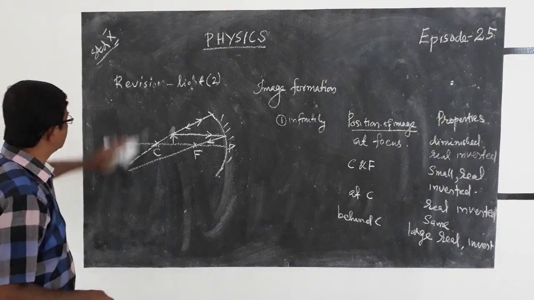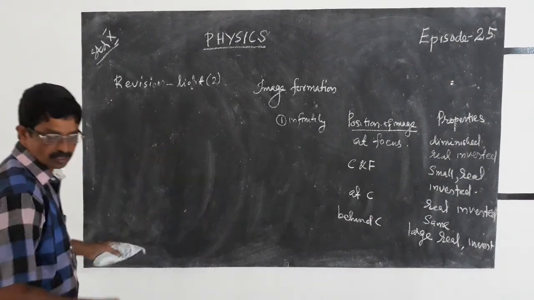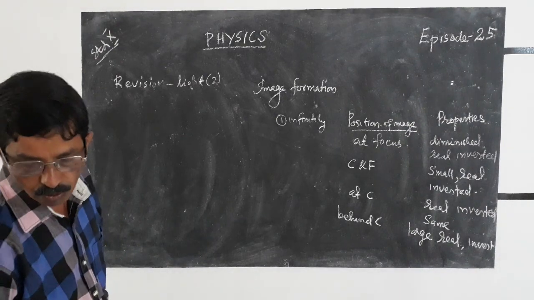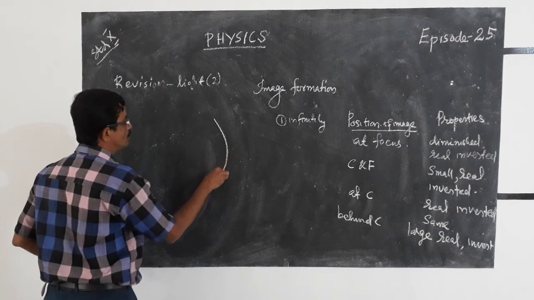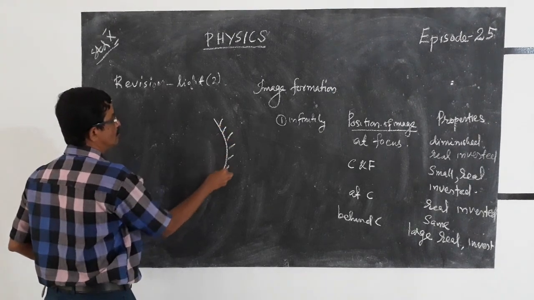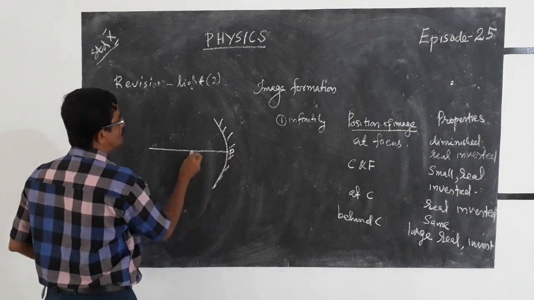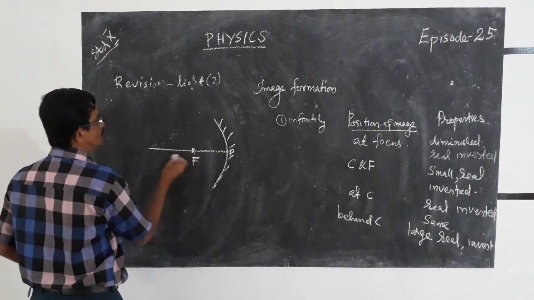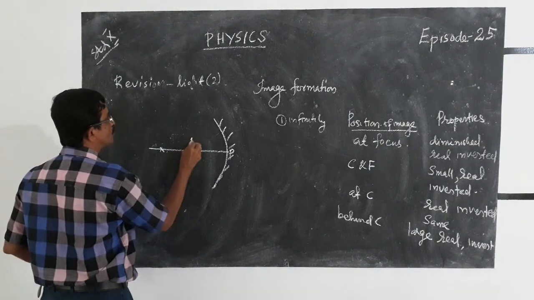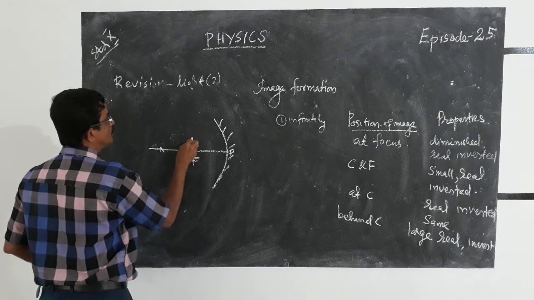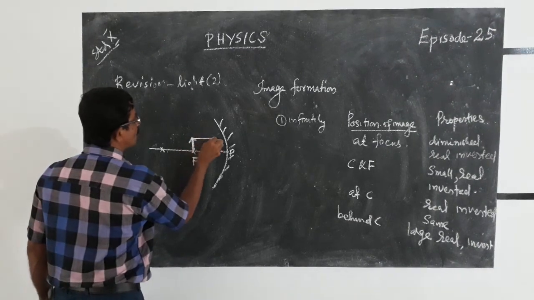Now we place the object at F. Here is the position of the object. First of all, we take a ray parallel to the principal axis.